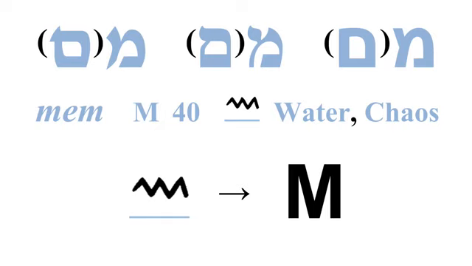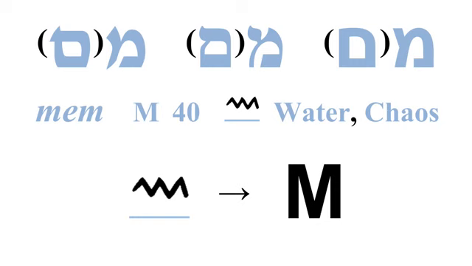Now Mem is one of these letters that has a final form. You can see there's two of them. We're reading, remember, right to left. The one in the parentheses would be the final form Mem. And so if it begins the word, or if it's somewhere in the word, you use the first mem.